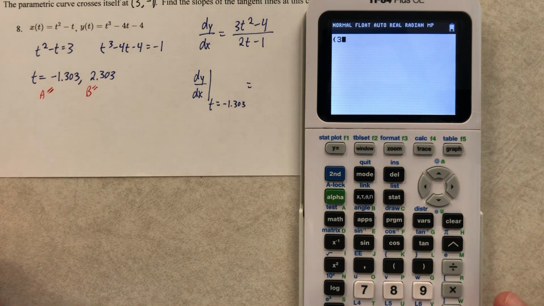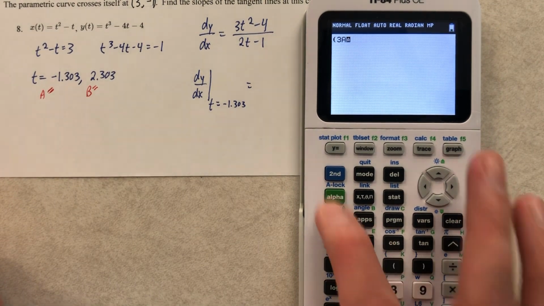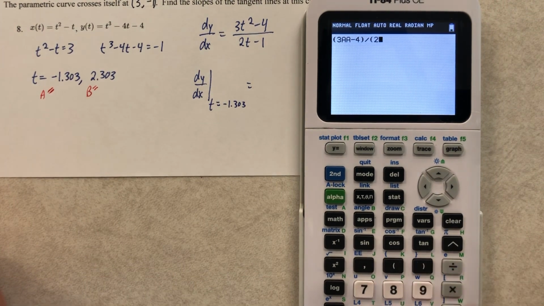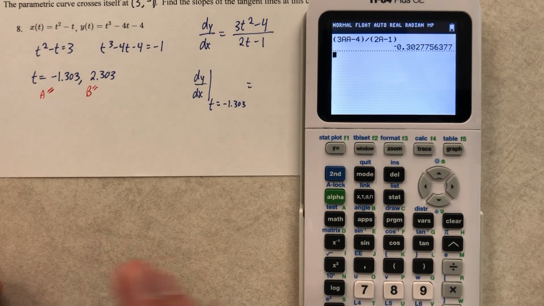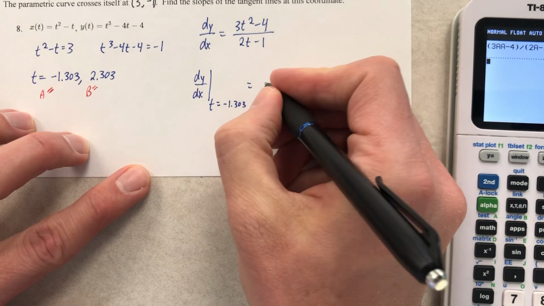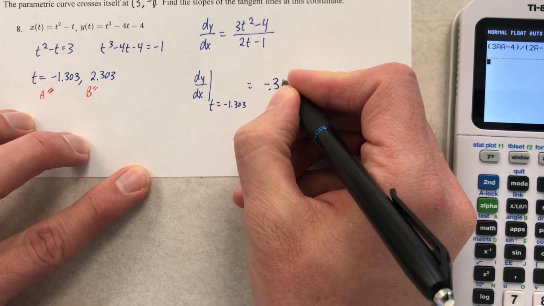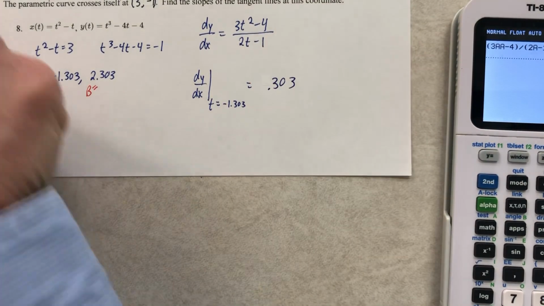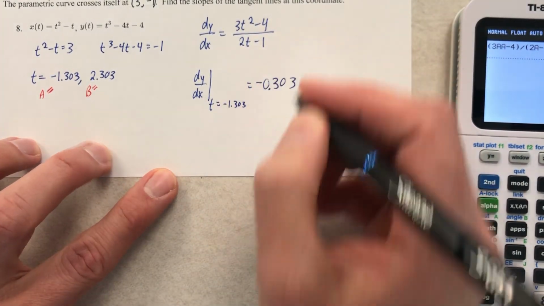We have 3a squared minus 4 over 2a minus 1. That's it. -0.303. We're going to put this in context in just a second. -0.303. All right, this is driving me crazy. I like to put a leading 0. I just like to be neat like that. There we go. That's better.